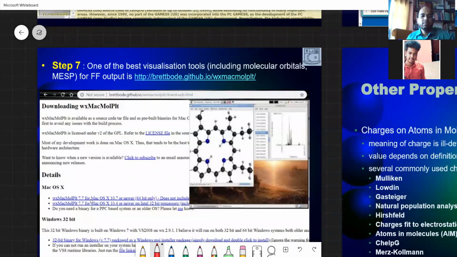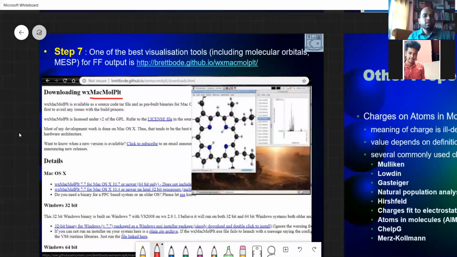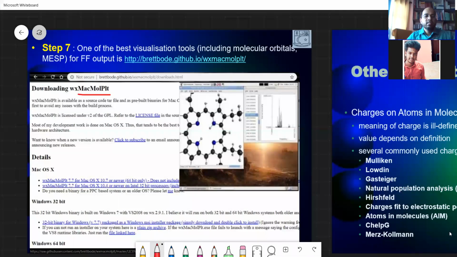And molecular orbitals now. Molplt source code here you see, MacMolPlt. This is available for visualizing. Here you can see the optimized geometry.